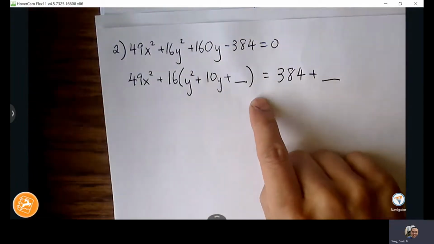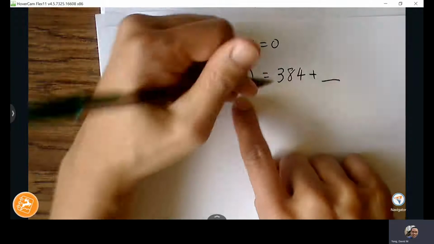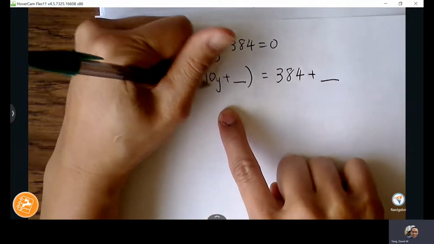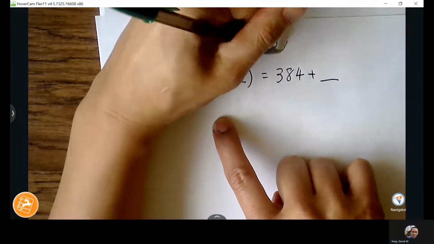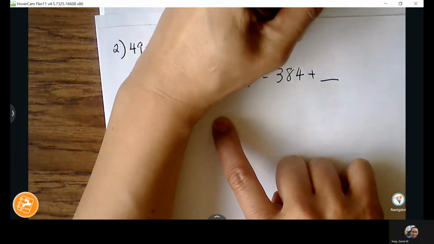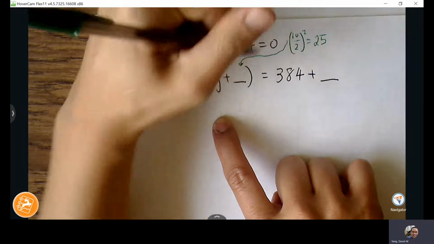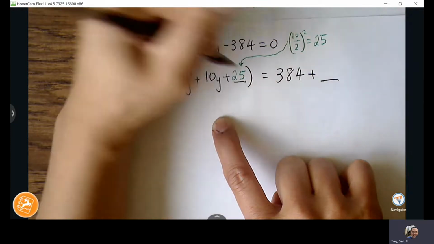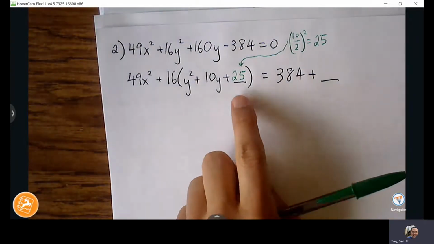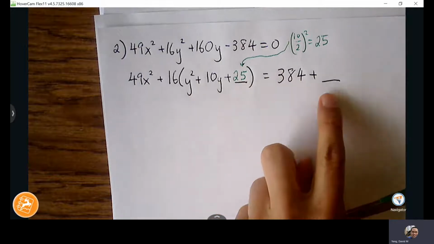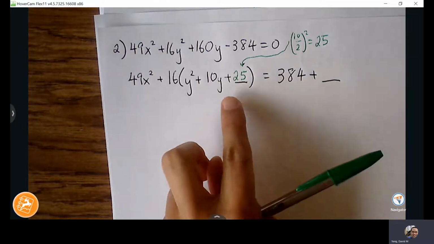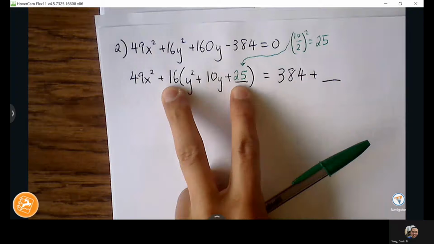Okay, formula, b over 2 squared. My b value is 10. Five squared is 25. Again, we have to be careful with ellipses. This 25 is not going to show up here. It's going to be what? 25 times 16.